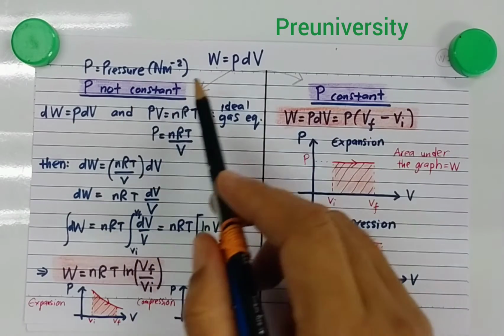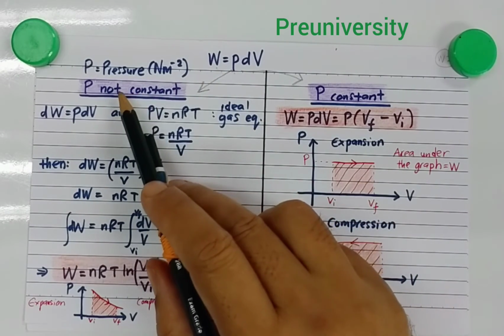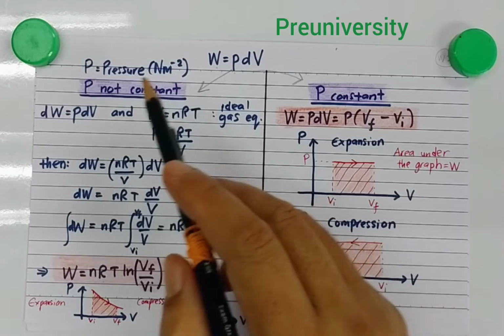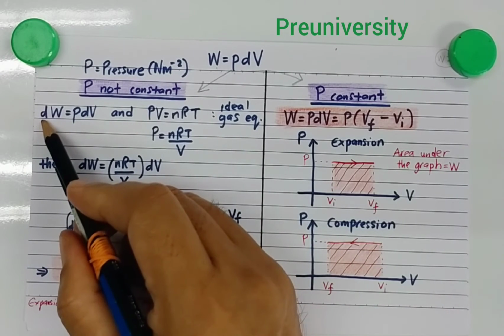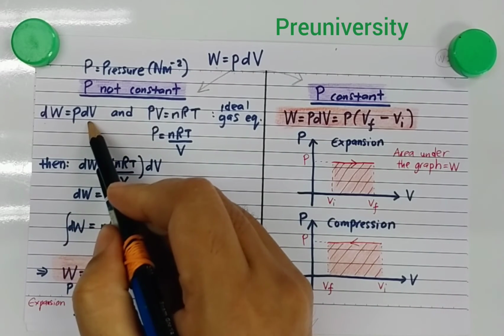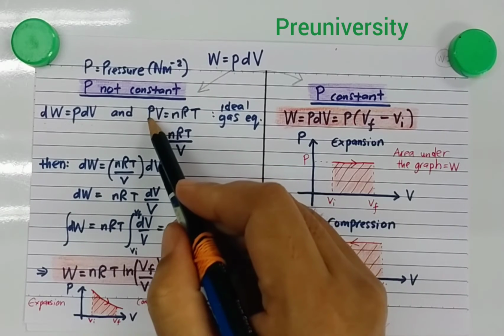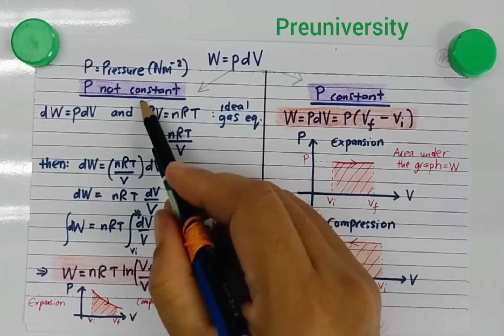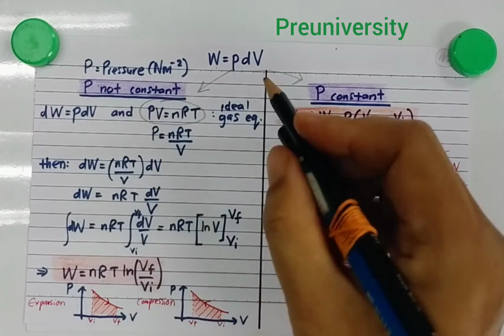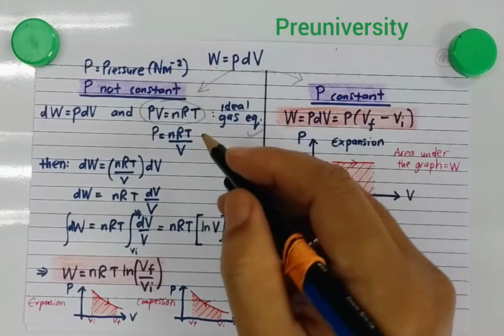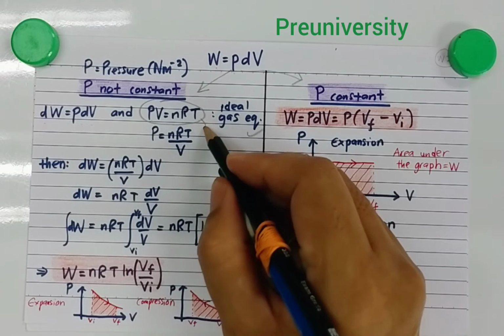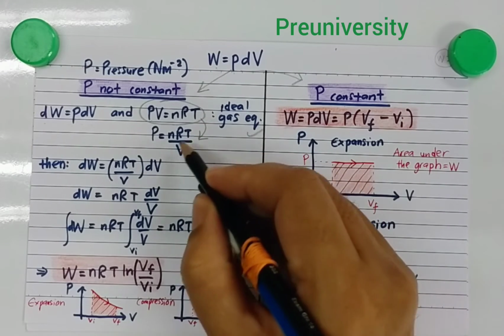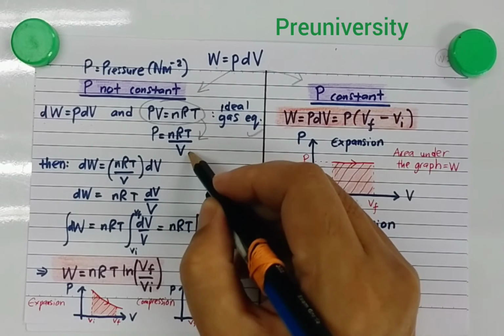Okay, so we go for P is not constant. We have delta W is equal to P delta V, and from the ideal gas equation, PV is equal to nRT. This one is the ideal gas equation. Then we rearrange the equation, we get P is equal to nRT over V.